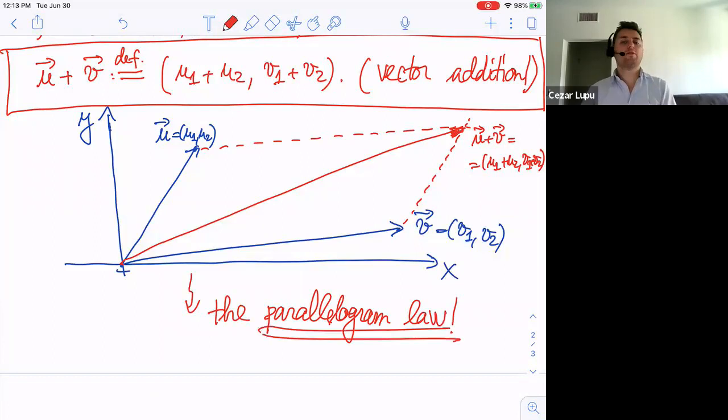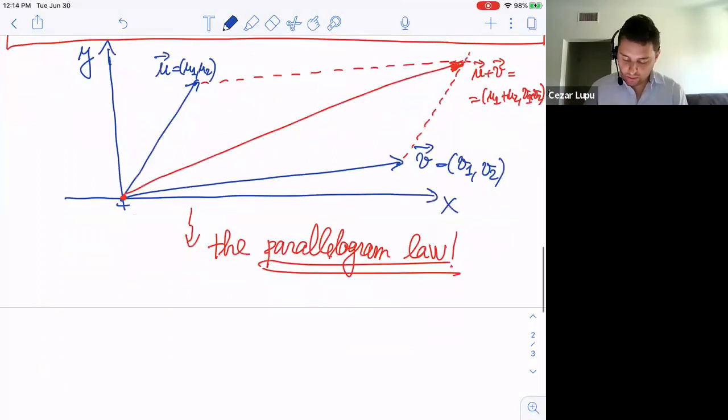So this is how you add two vectors geometrically. You have the two vectors and the resulting vector will be basically the diagonal of the parallelogram. When you have the two vectors, they meet in the origin, right? So you just draw the parallel lines to each vector, and then you intersect them, and the resulting vector will be the diagonal.